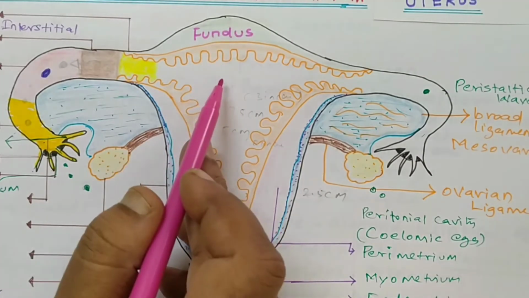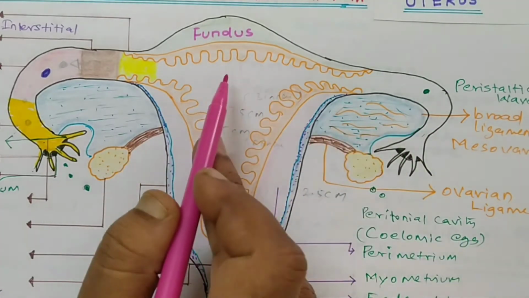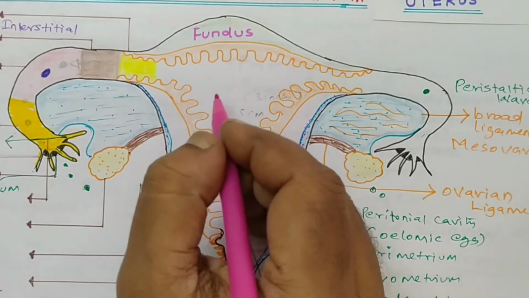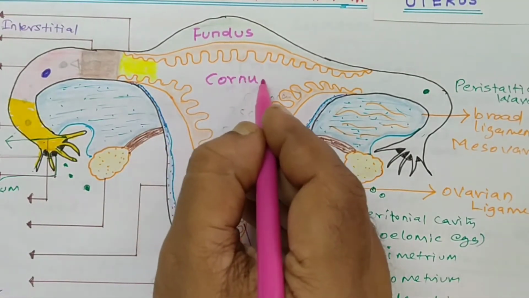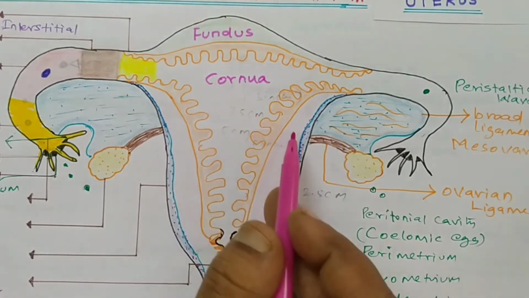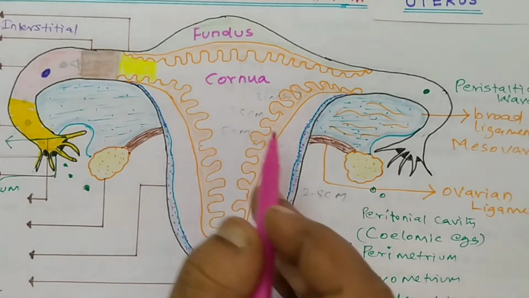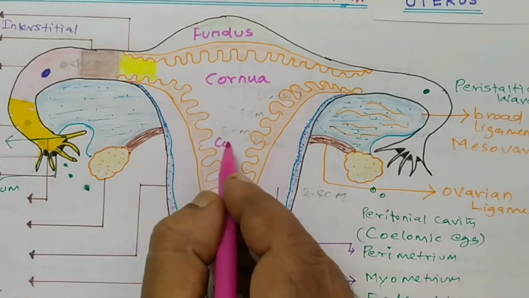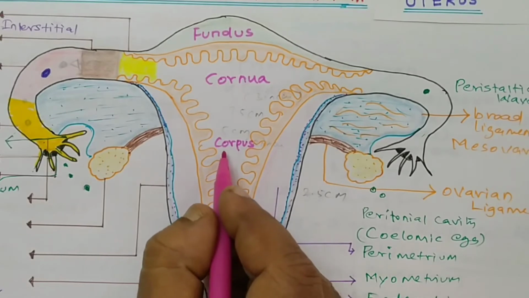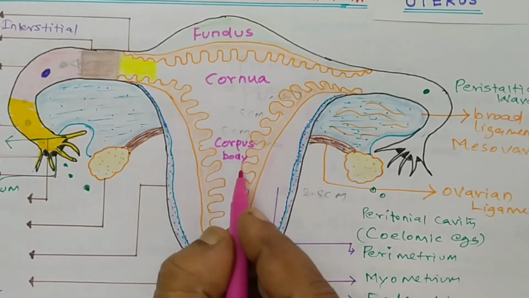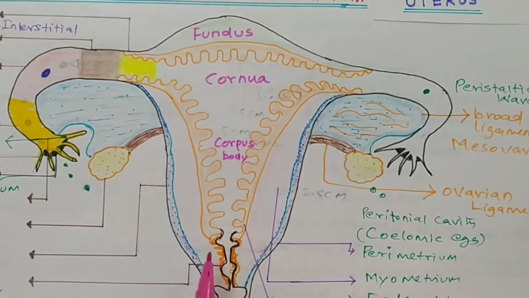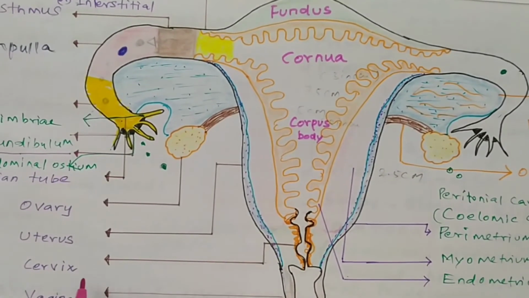Then just below the fundus, where the fallopian tube or oviduct enters the uterus, is termed the cornua. And the prominent middle part is termed the corpus, otherwise the body of the uterus. Then the terminal narrow part is termed the cervix.